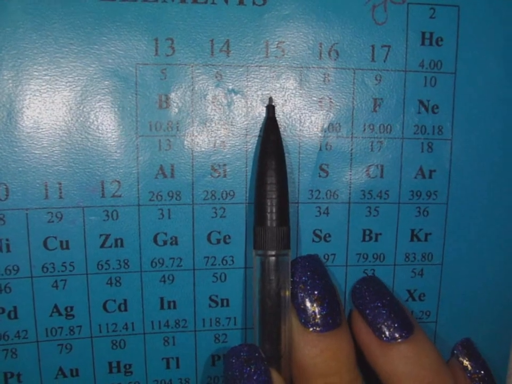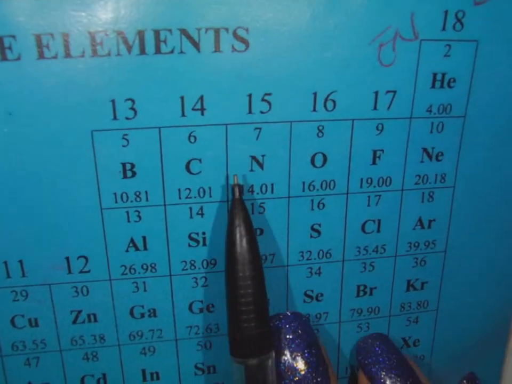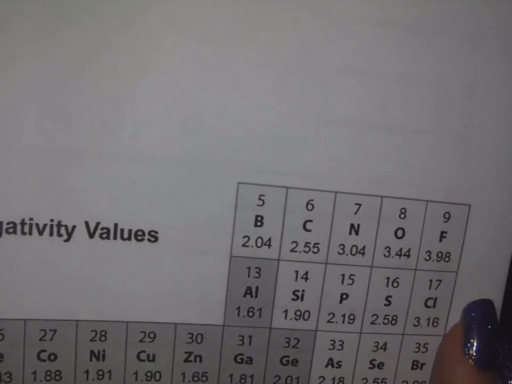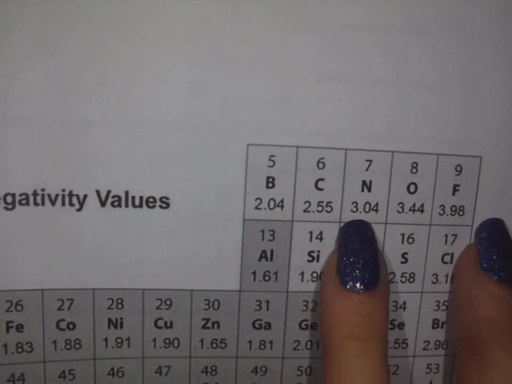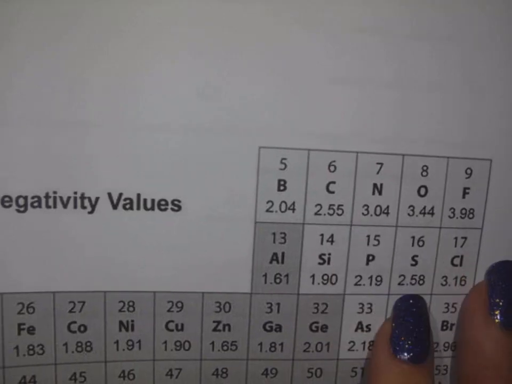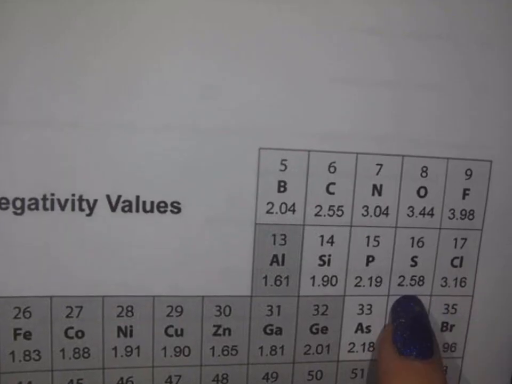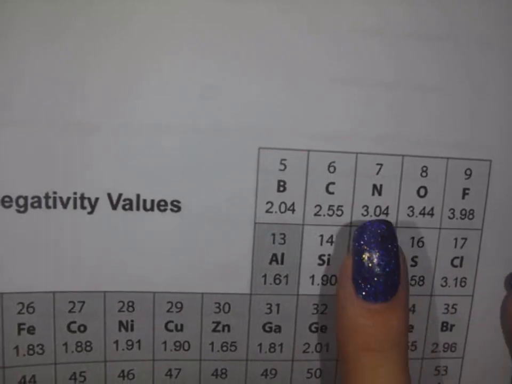Here's nitrogen, here's sulfur. Ooh, I can't really tell. Let me look at my electronegativity table. Nitrogen has an electronegativity of 3.04. Sulfur only has an electronegativity of 2.58. By the way, this is on page 7 that I was looking at. So nitrogen has a greater electronegativity.